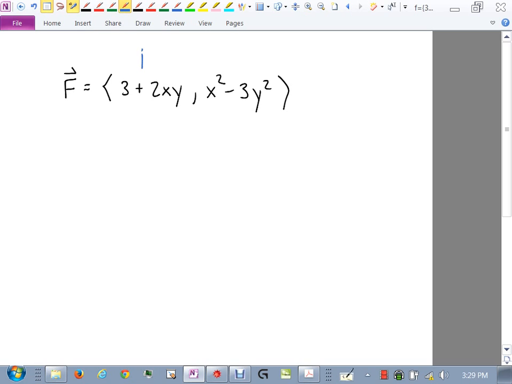We're going to call this P, we're going to call this Q. I'm going to check, is the partial of P with respect to Y equal to the partial of Q with respect to X? Is it or is it not? What's the partial of P with respect to Y? 2X. What's the partial of Q with respect to X? 2X. Those are the same? Yes.